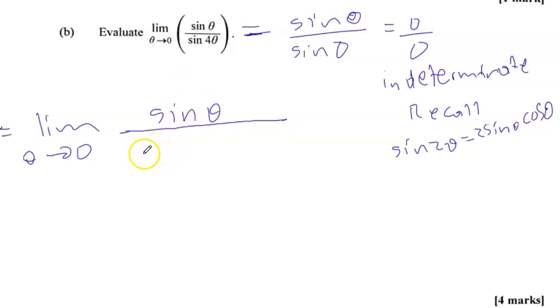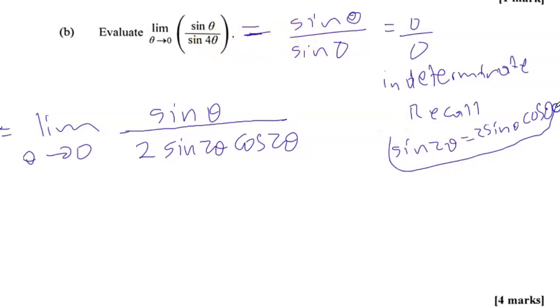So sine 4 theta is actually 2 sine 2 theta cos 2 theta, applying the double angle formula there. So sine 2 theta is 2 sine theta cos theta, you take half the angle. You split 4 theta as 2 theta plus 2 theta. Right? Now let's continue. So this is the limit.